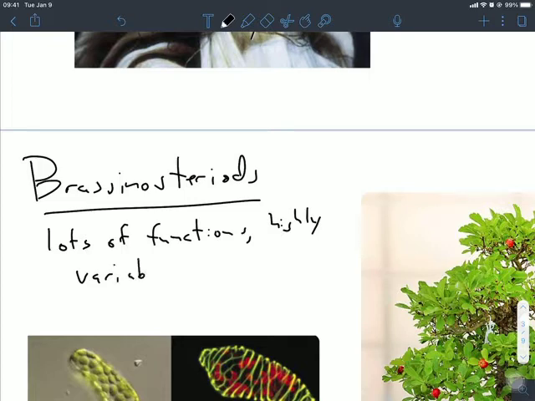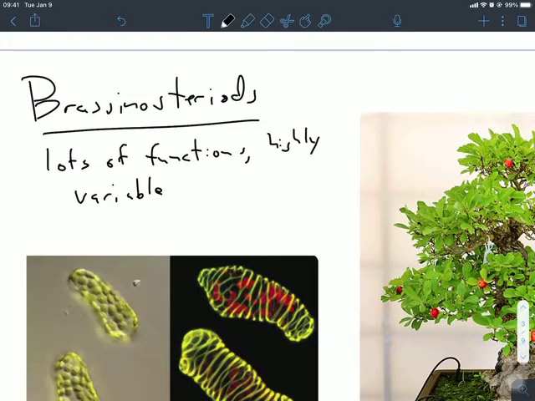So it's kind of hard to talk about something that can do so many different things. But one thing that they do very commonly is help the plant respond to gravitropism, or its ability to detect which way is down, as well as regulate xylem differentiation.